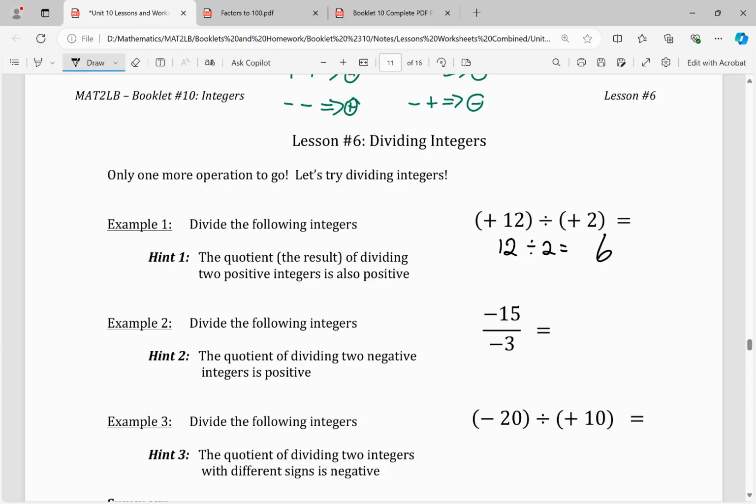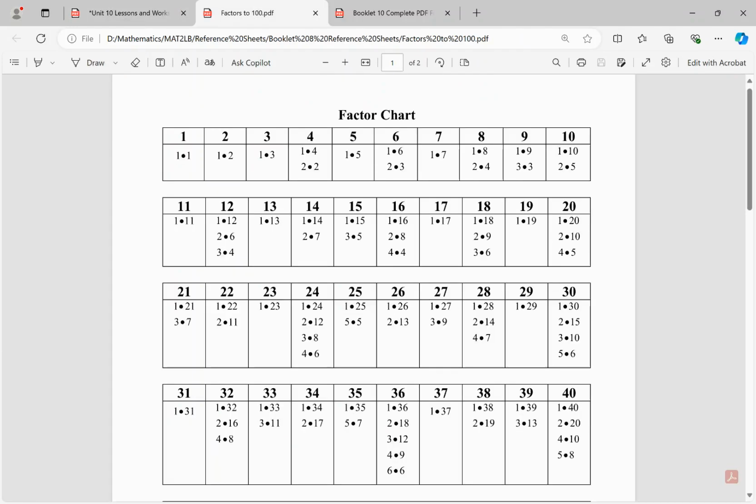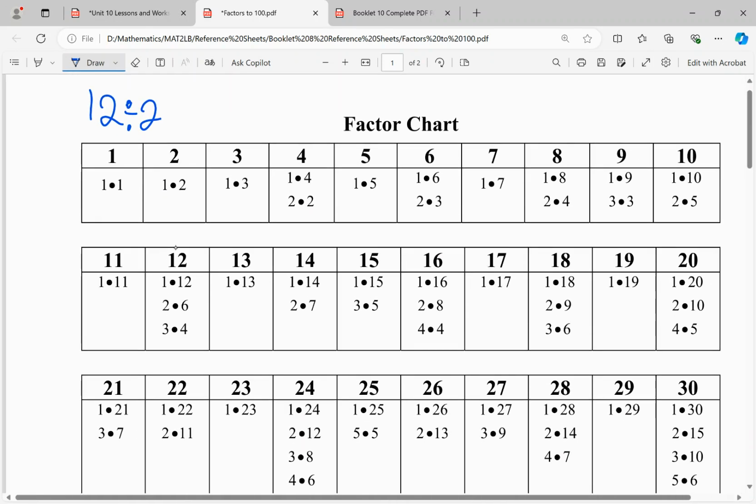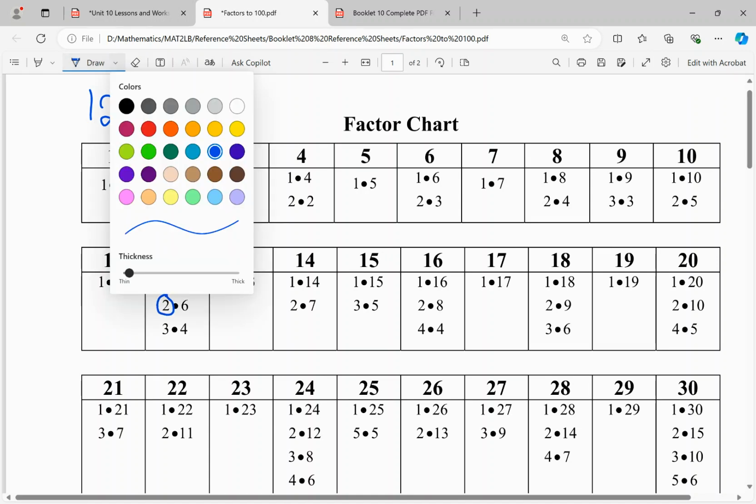Now, if you struggle with that mental math, I want you to go over to your factor chart, and I want you to find 12, right? This problem is 12 divided by 2. So you're going to find the number 12, and underneath it, find the number 2, right?